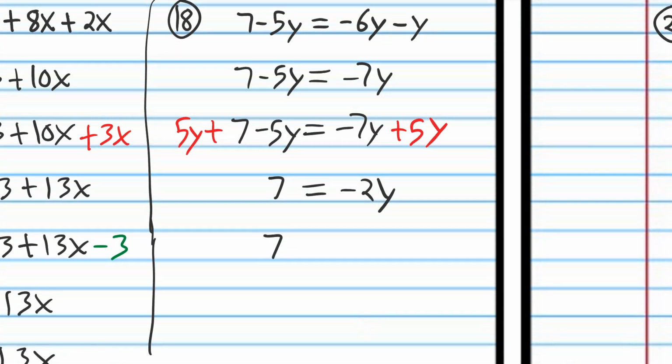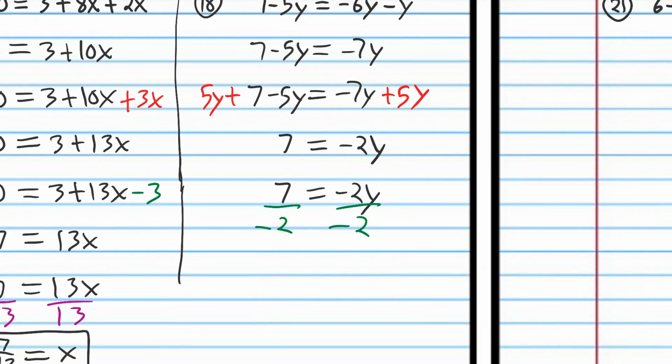Rewrite the result of that step. Divide both sides by -2. And if you got y equals -7 over 2, good job.